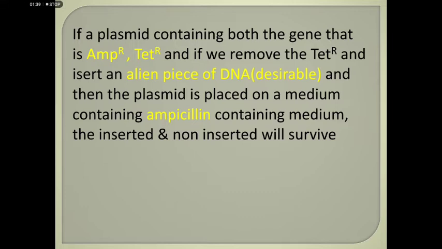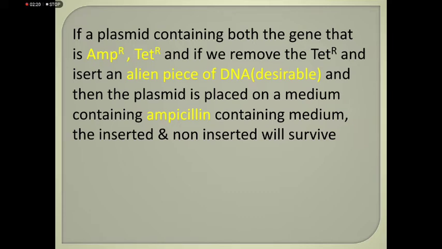That means if we remove the tetracycline gene from this plasmid and an alien piece is inserted, and this plasmid is again inserted into a bacterium, and those bacterial cells are placed in a medium containing ampicillin, that bacterium contains the plasmid, and that plasmid contains the ampicillin resistance gene, so that bacterial cell can survive.